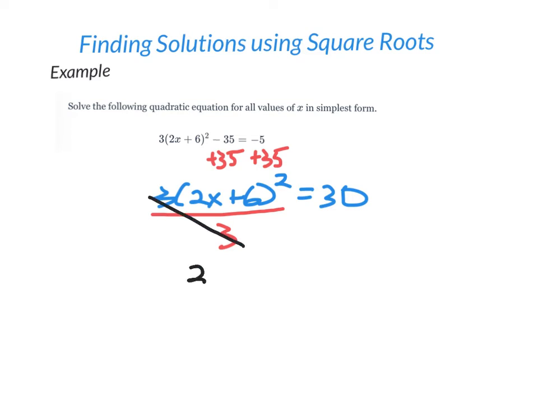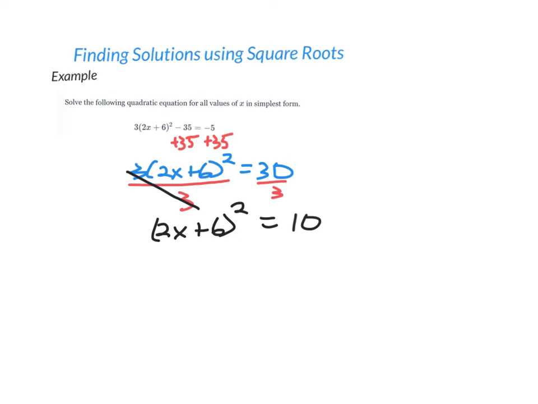And you're left with (2x + 6) in parentheses squared. And then on the right side, we also had to divide by 3. And 30 divided by 3 is 10. So this is our new equation so far: (2x + 6) all squared equals 10.